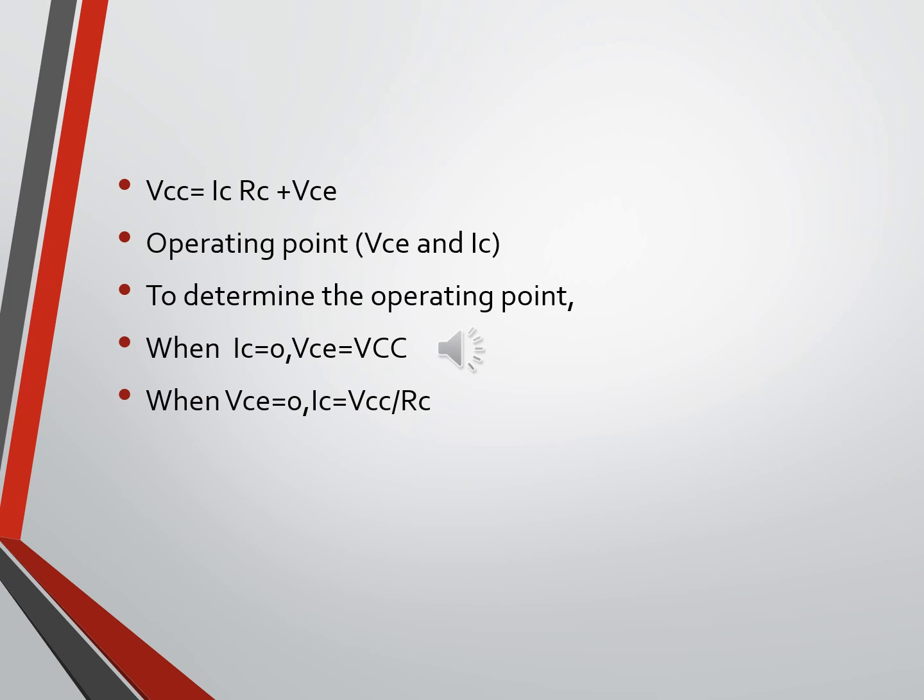Then the voltage between the base-emitter junction will be changing. So which parameters are these? ICO, beta and VBE. ICO is the reverse saturation current, beta is the current gain, and VBE is the voltage between the base and the emitter.